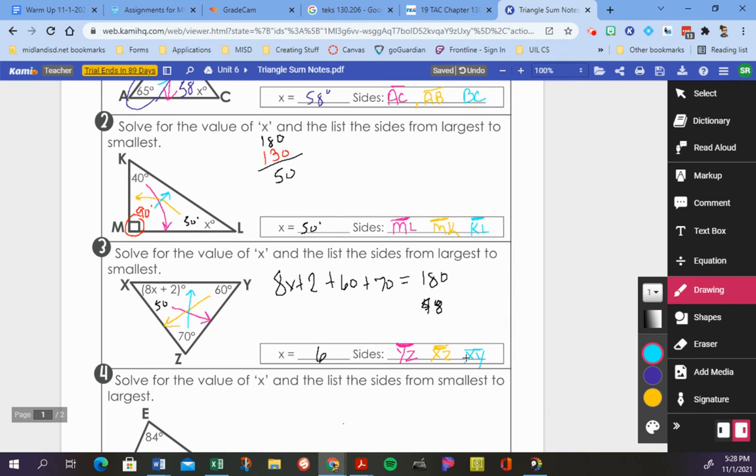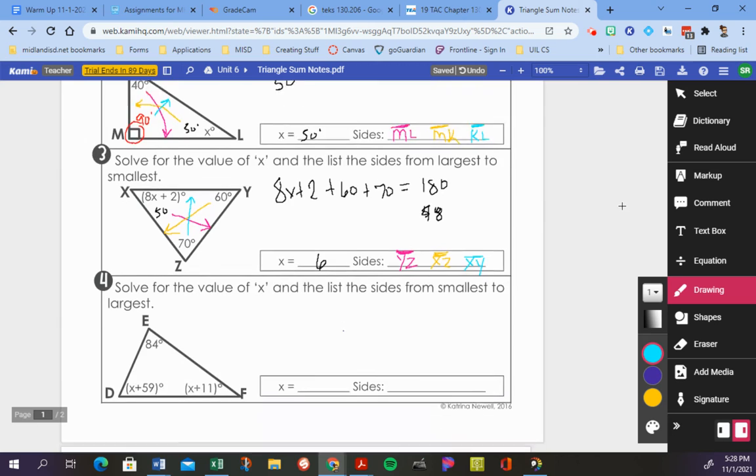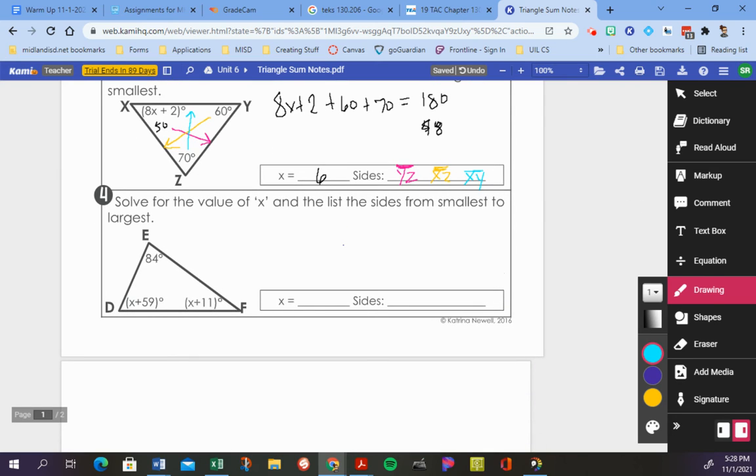Okay, so far so good. Let's try the last one. Solve for the angle value of x and list the sides from smallest to largest. We have two expressions in this one. So we're going to have 84 plus x plus 59 plus x plus 11 equal to 180. Do our handy dandy calculator trick. Put it into menu 3.1.